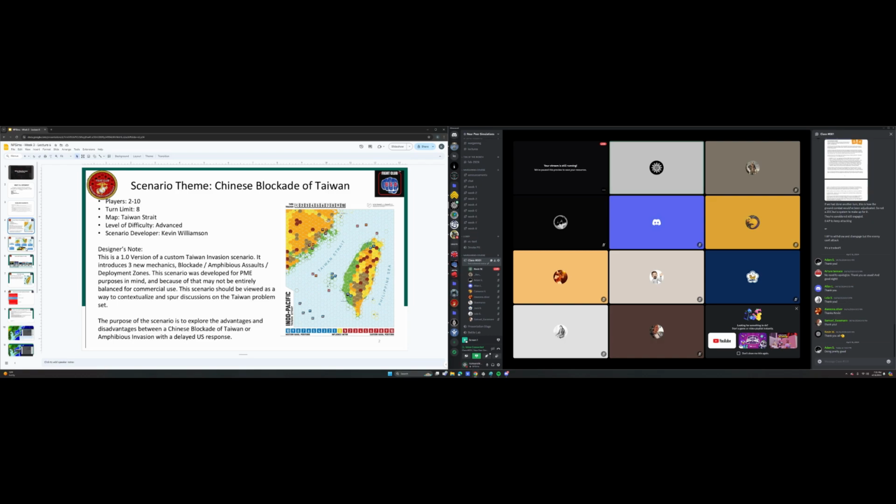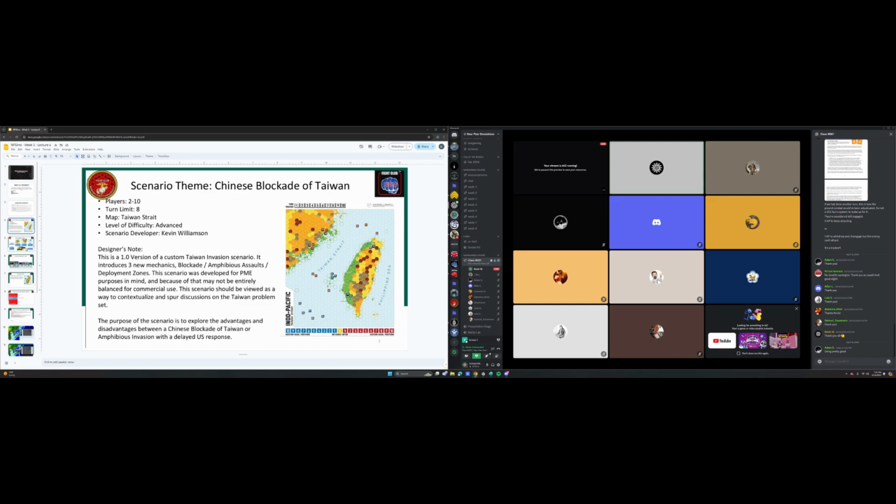They start with that delayed response force with forces already encircled. And then to try to motivate them not to go kinetic on turn 1 anyways, the rest of the battle group ends up showing up later on. And then in order to balance that out with red, to make sure that red does not just fire at the very beginning, if they decide to go kinetic, they no longer get that benefit from the blockade mechanic.